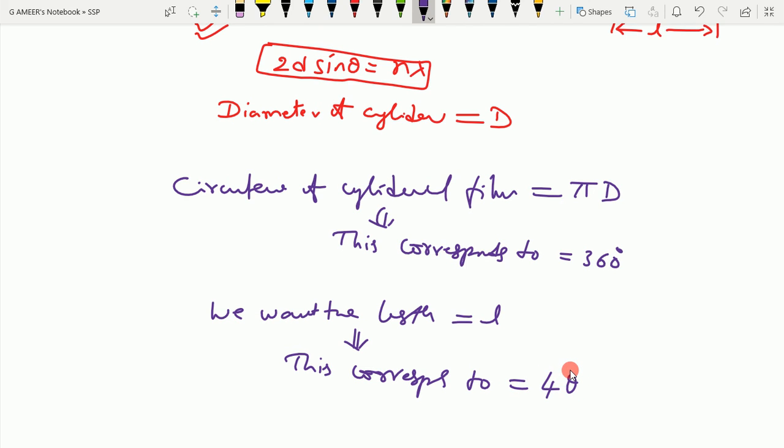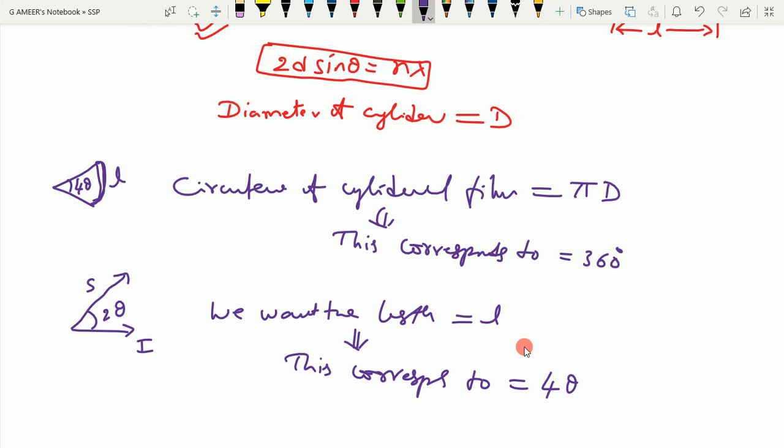If you see clearly here, this is the incident ray and this is the diffracted ray, and the angle between them will be 2 theta. So the arc length I am calculating, this length L, corresponds to the complete angle, which will be 4 theta.